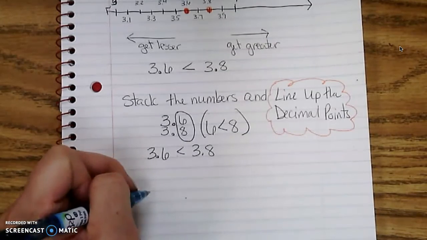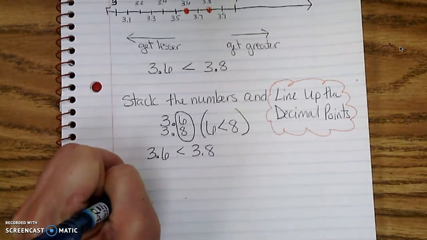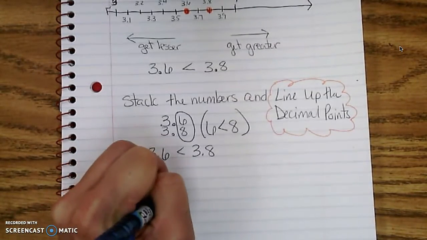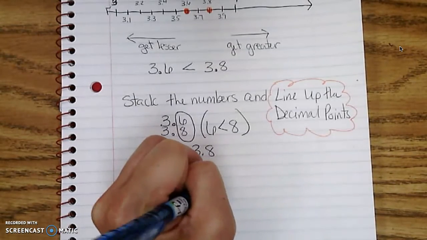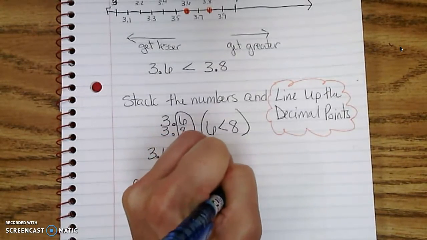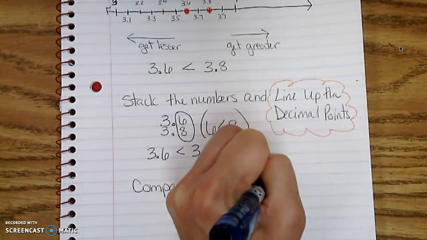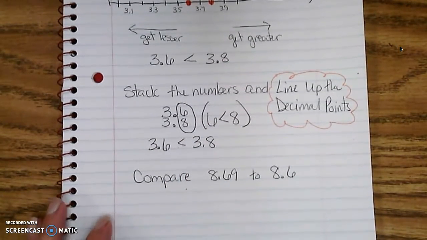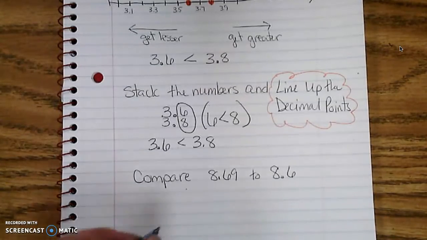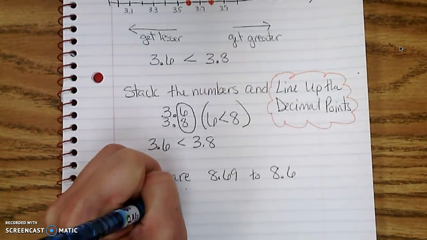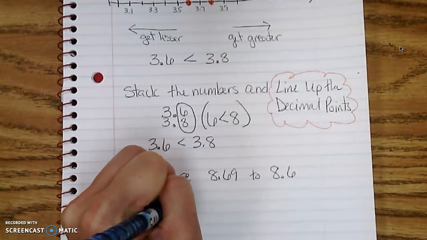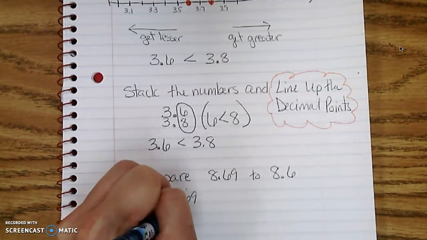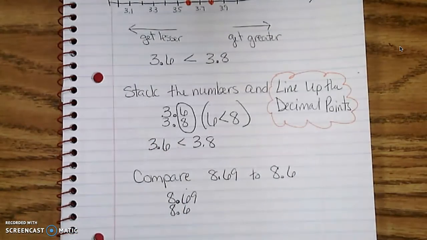What if the directions tell you to compare 8 69/100 to 8 6/10? What I would do is stack them by their decimal points, making sure the decimal points are in line.